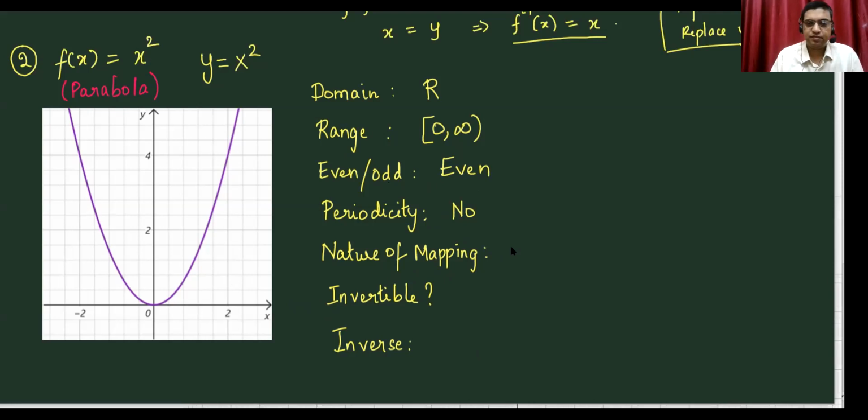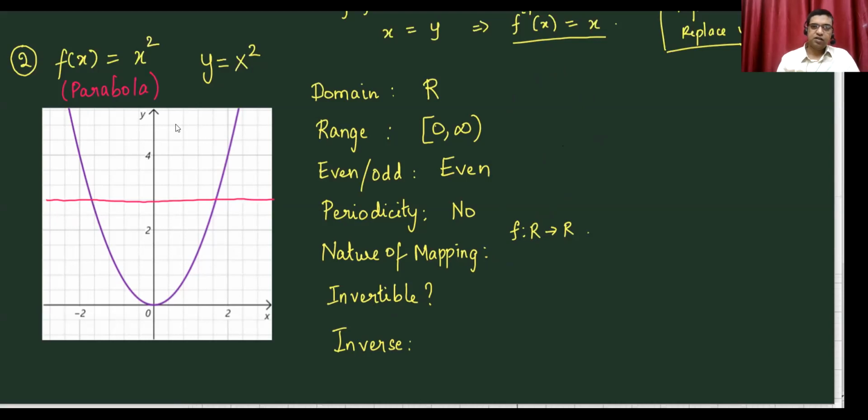Is it one-one, onto, into, and so on? If I say f maps R to R, then tell me the nature of mapping. Draw a horizontal line.